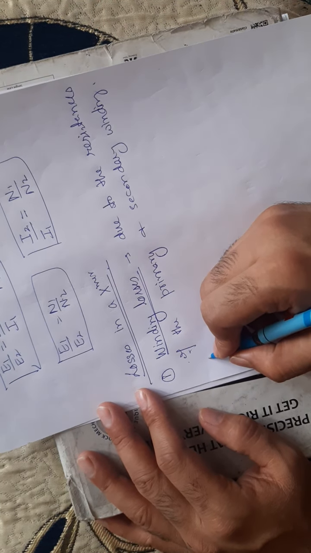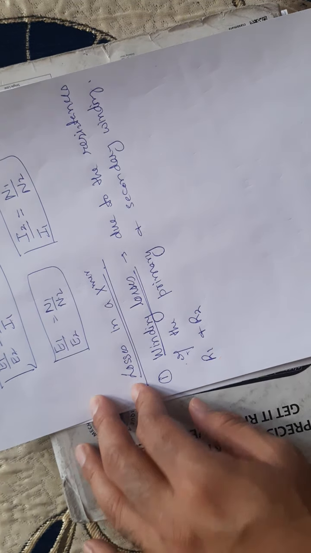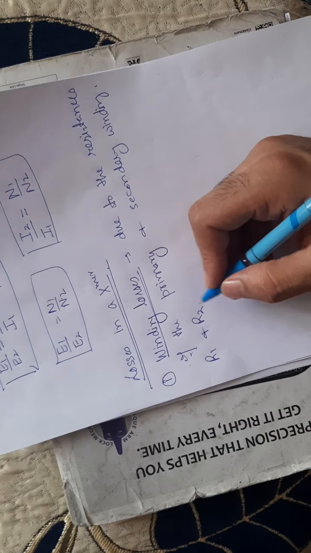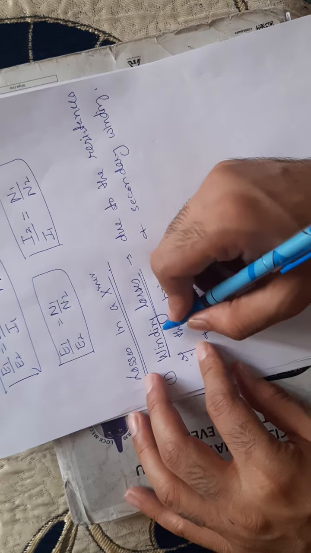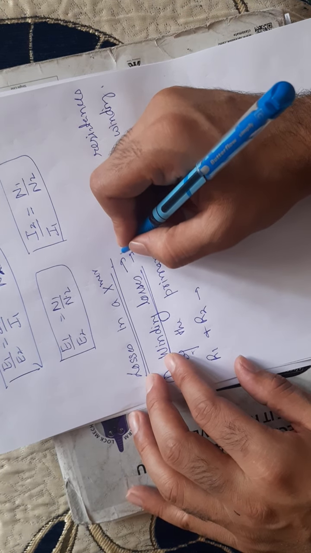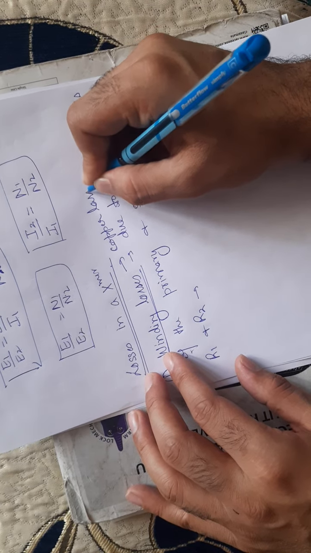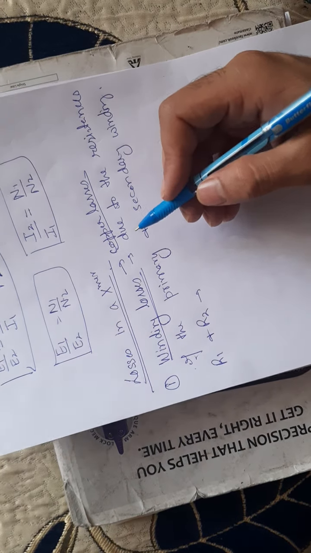Suppose R1 and R2 are the resistances of the primary and the secondary windings. Resistances are made of copper, so this winding loss is also called copper loss, because the winding material is made of copper.